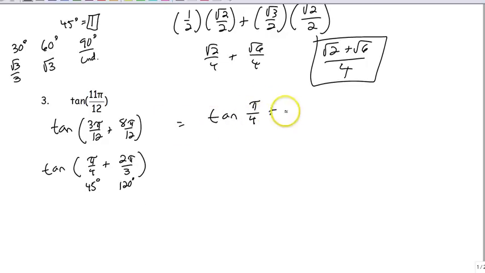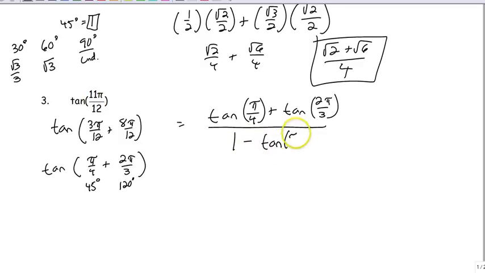So it's tan x plus tangent of y over 1 minus tangent x tangent of y. And there it is. There is my formula I'm going to use to figure out this value. Okay? Now, a pi over 4 is a 45 degree. So again, this is 1.